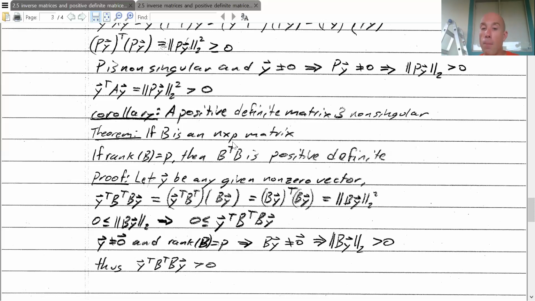Having all linearly independent columns means that the only way I can get 0 is if I'm multiplying by the 0 vector. But y is not equal to 0. Therefore, this has to be greater than 0. Well, this squared is equal to what we were looking for. Therefore, we know it has to be positive definite.